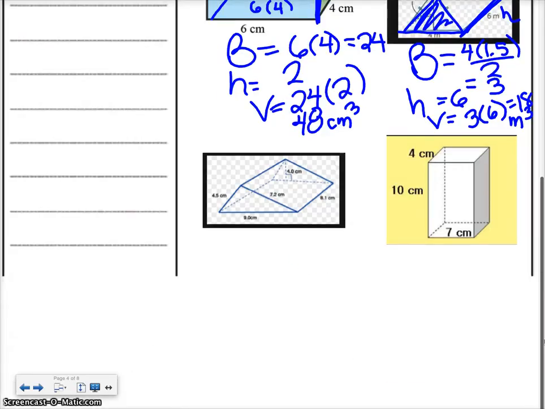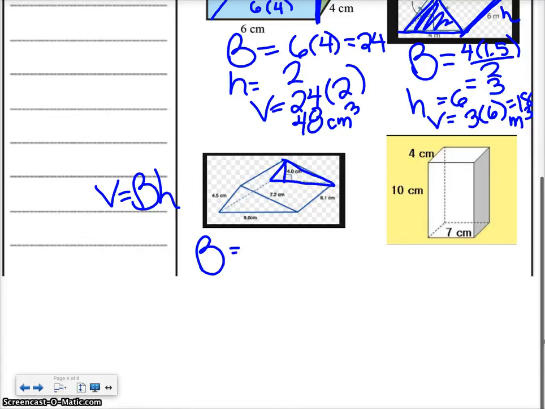All right, next one. Hey, another triangular prism. Love them. So, volume is big BH. How do you figure out big B? Big B is a triangle. I'm just outlining my triangle because that's what I need to look at.